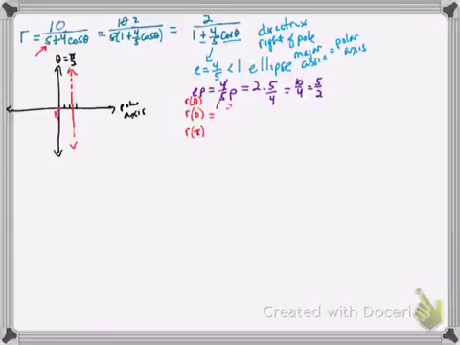And our equation was 2 over 1 plus 4/5 cosine, and the cosine of 0 is 1. So that's like 5/5 plus 4/5, so that's 9/5. So 2 over 9/5, which multiplied by the reciprocal, we get 10/9.